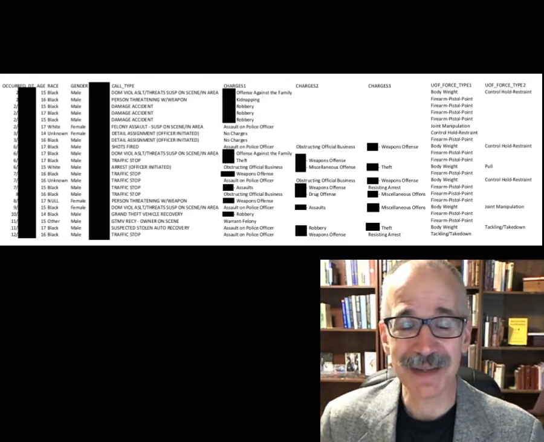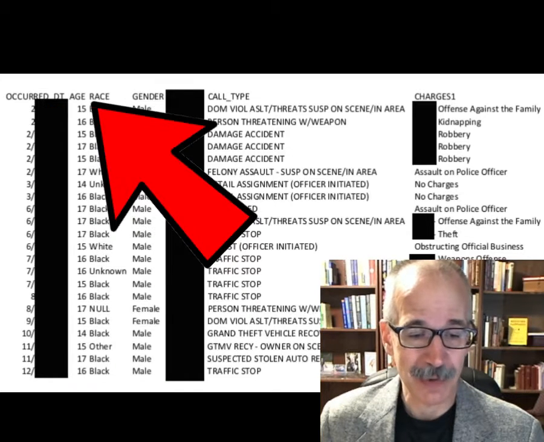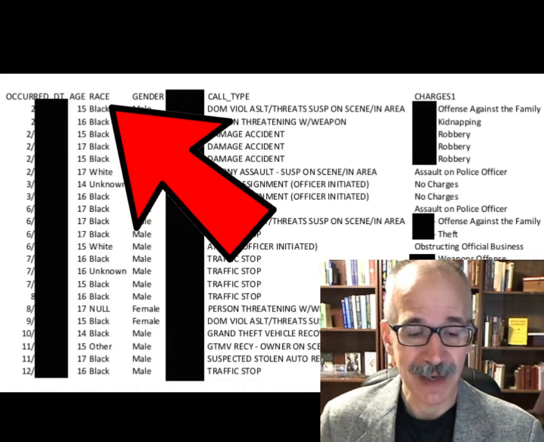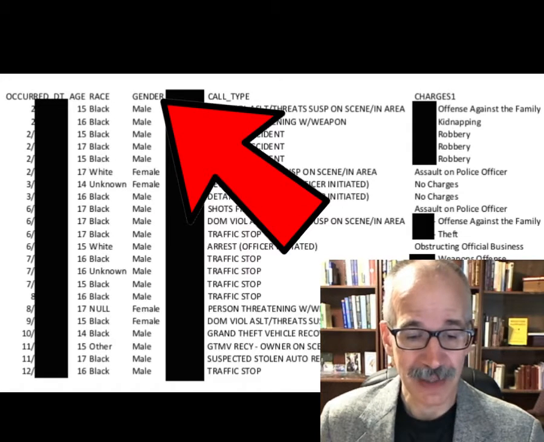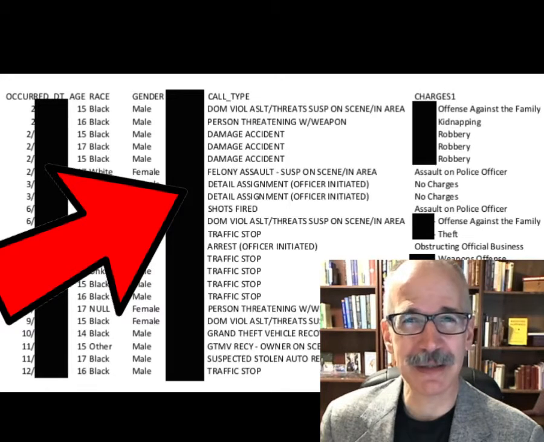The first column is the date of the incident. The next column that's available is the age of the individual, the race of the juvenile, the gender of the juvenile. This column that I have completely blanked out, this is an internal police code for the part of the city where the incident occurred. It's not necessary for our purposes here today.